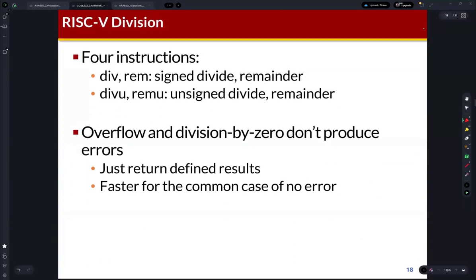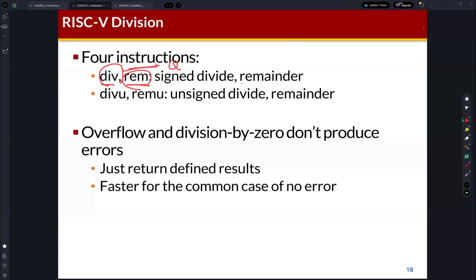RISC-V also supports division instructions if we use the M extension, right? You can use div or REM. The div instruction just generates the quotient, and then REM gives us the remainder.